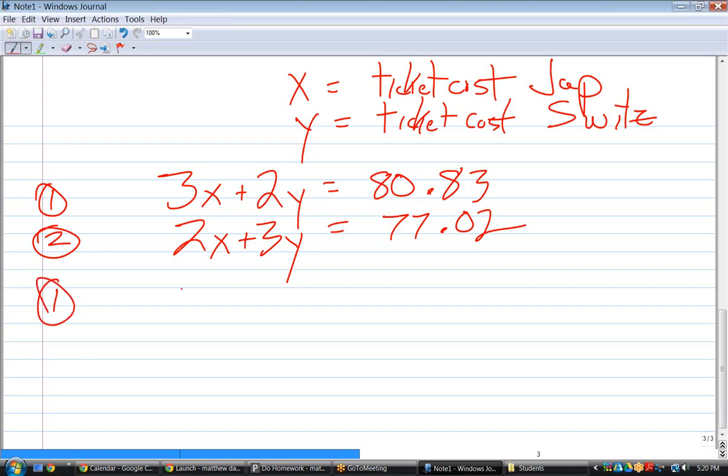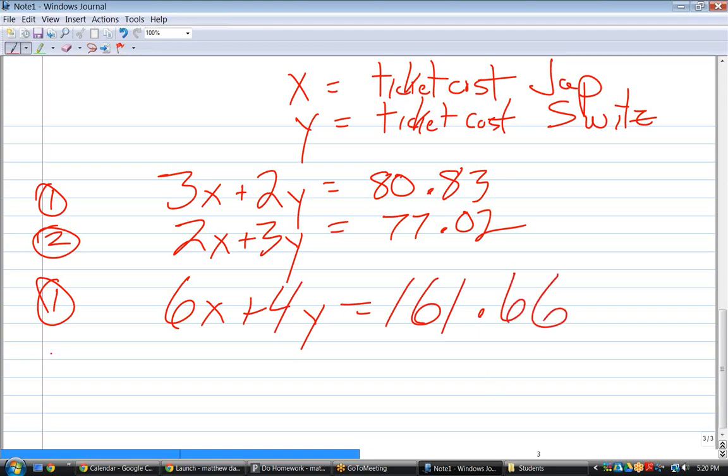Top equation by 2 gives us what? 6x plus 4y equals 161.66. Multiply the second equation by 3, gives us 6x plus 9y.